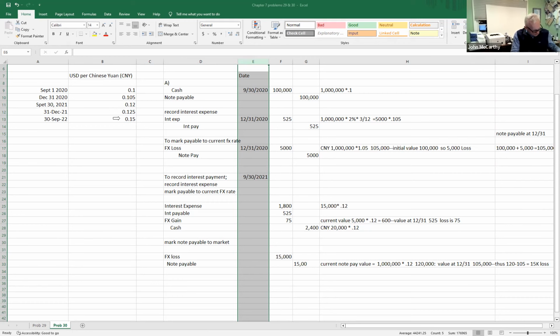The first thing we've got to do, and I didn't do all these on purpose because they get repetitive at the end, but I did all the ones you need for the concepts. It says we borrowed 1 million Chinese yuan from a Chinese bank at an interest rate of 2%.